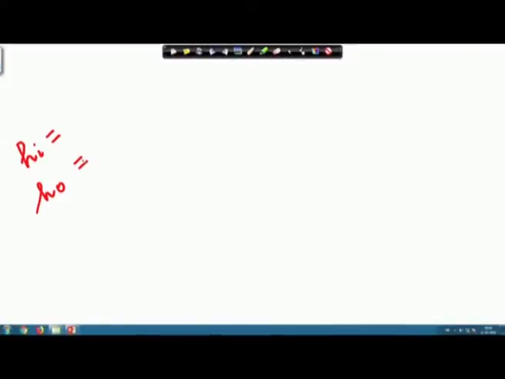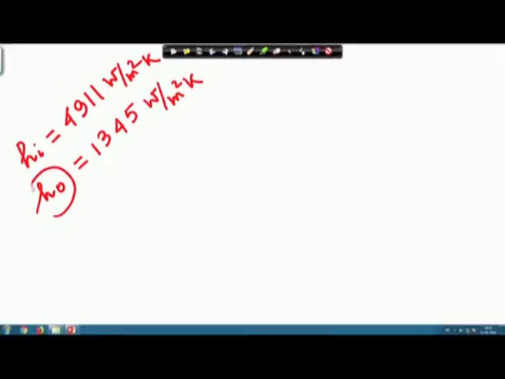We have gotten h_i as 4911 watt per meter square Kelvin, and we have obtained 1345 watt per meter square Kelvin as the heat transfer coefficient of the annular space.